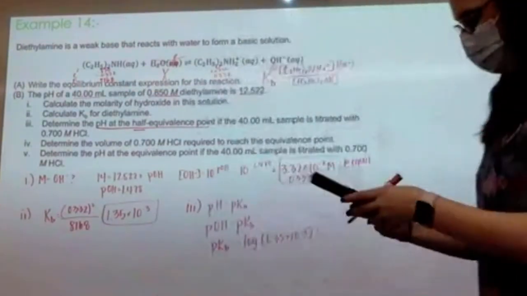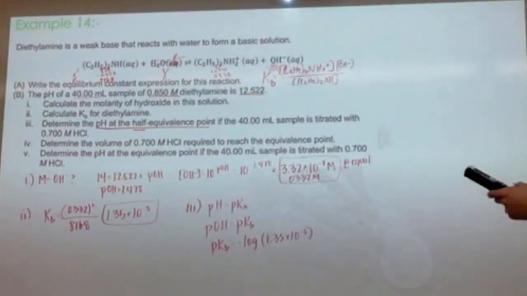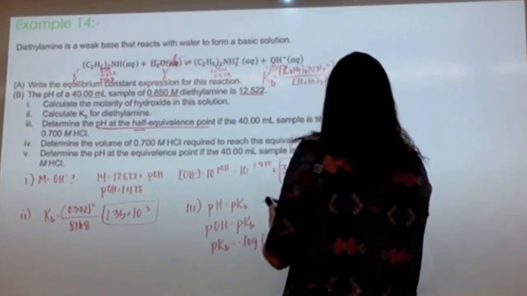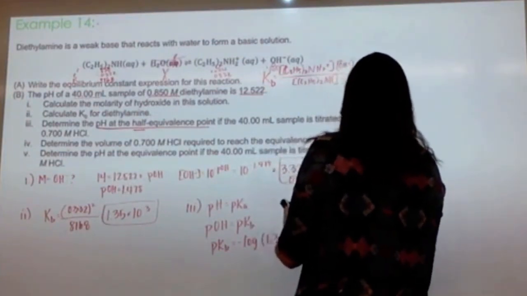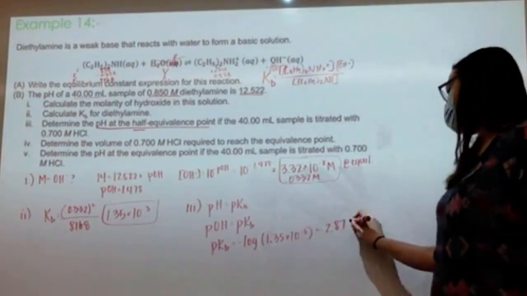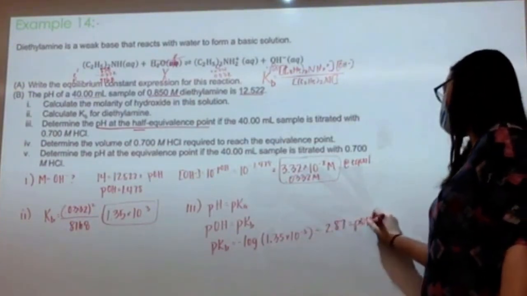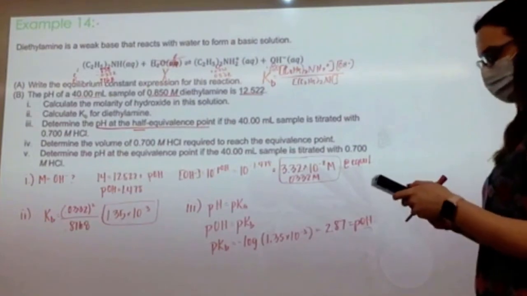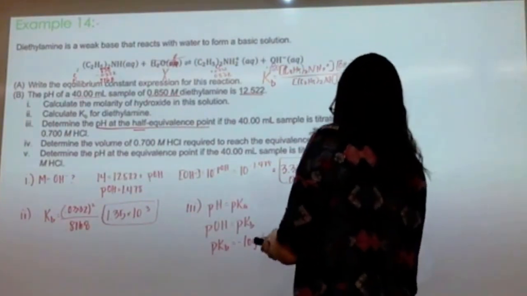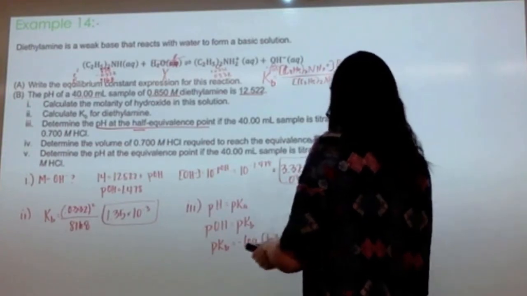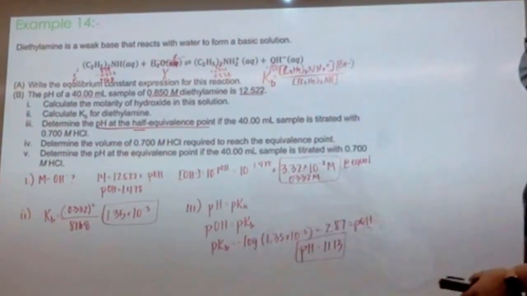The pKb is 2.87. Now again, pKb equals pOH. B is for base, OH is for base. Subtract from 14. The pH at the half equivalence point is 11.13.